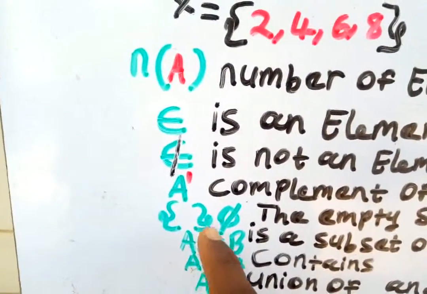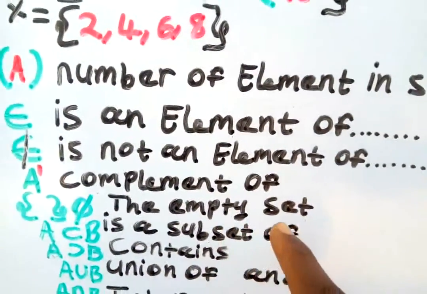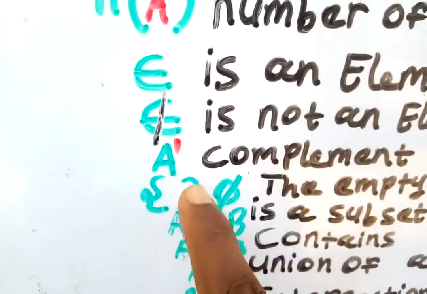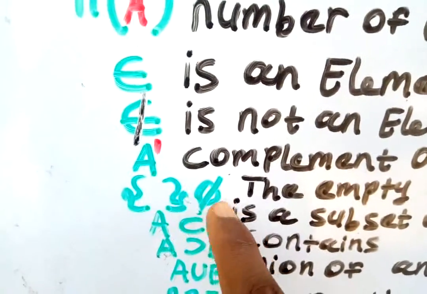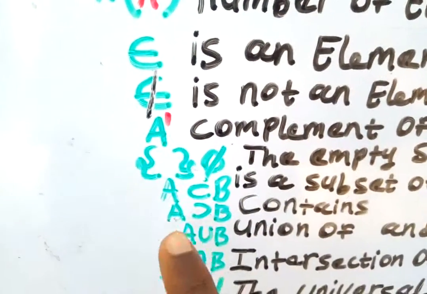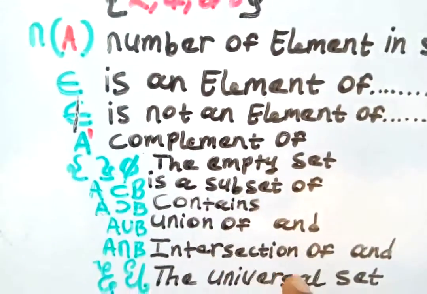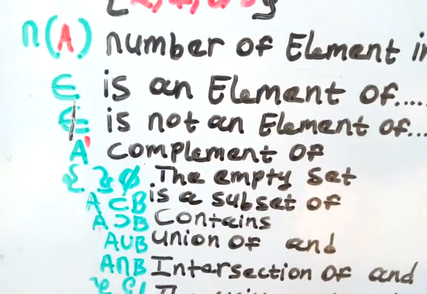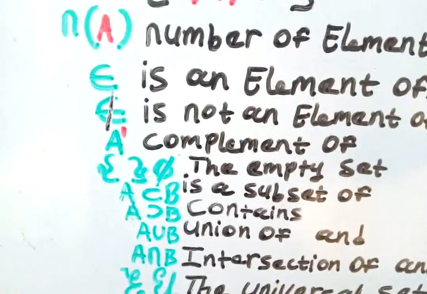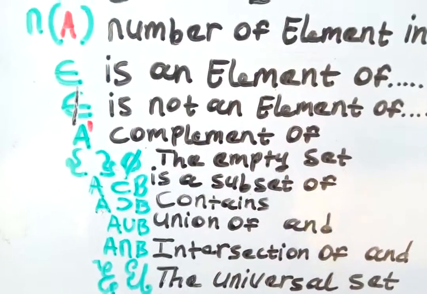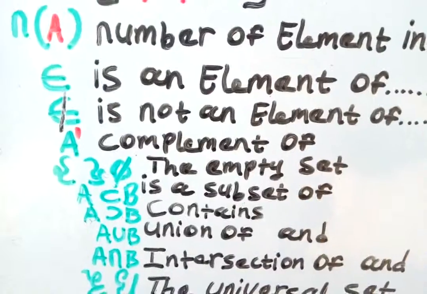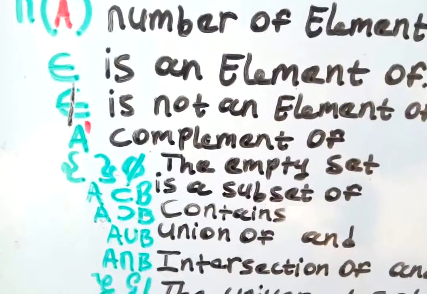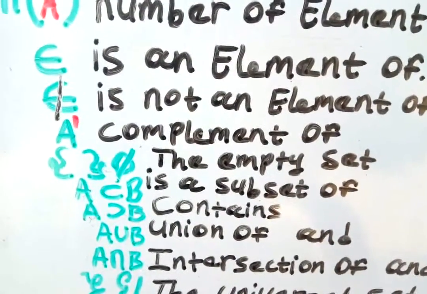This means empty set. That's when you're not having anything in the set, it's just an empty set. So it can be written as this or as this. A is a subset of B, A contains B. A union B means everything A has and B has, you must write it down, but they shouldn't be repeated twice.